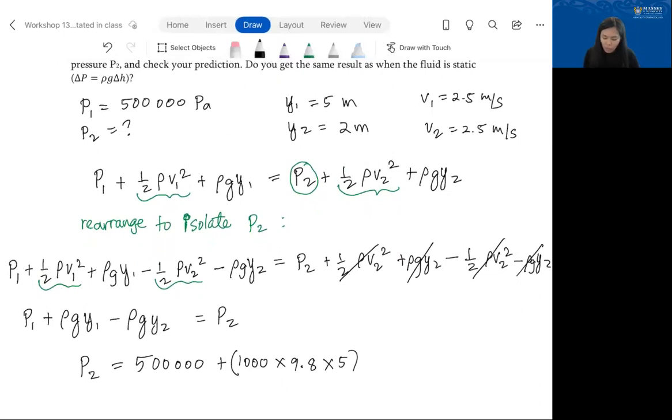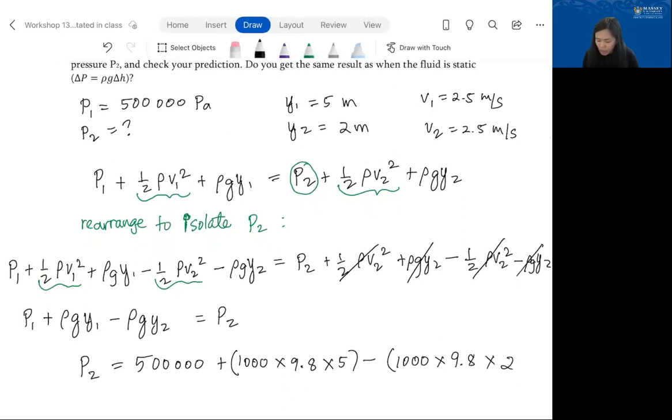So this is rho G Y1, what we just did in the brackets. And then we have to subtract rho G Y2, so minus the whole thing in brackets because we're subtracting the whole thing. It's still water that's flowing, so density is still 1,000 kilograms per cubic meter, and still 9.8 meters per second squared for gravitational acceleration.